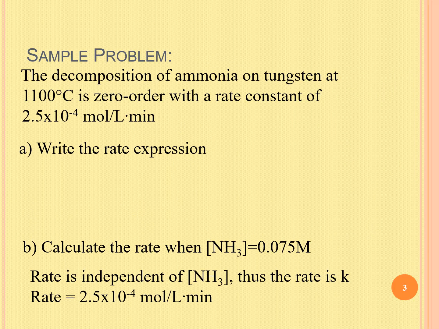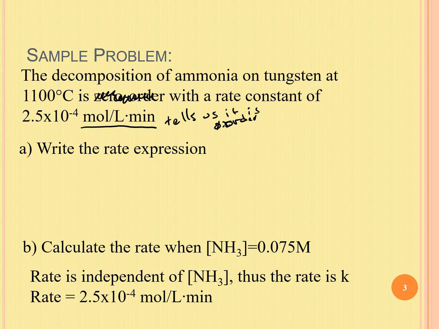So our sample problem here says the decomposition of ammonia on tungsten at 1100 degrees Celsius is zero order with a rate constant of 2.5 times 10 to the minus 4th moles per liter times minutes. Note that this tells us that it's zero order. We don't need the problem to say zero order.